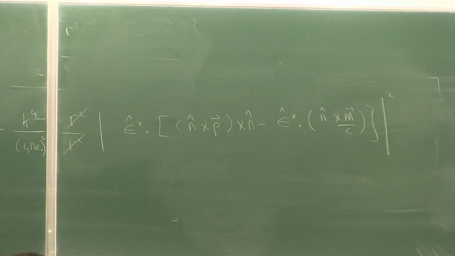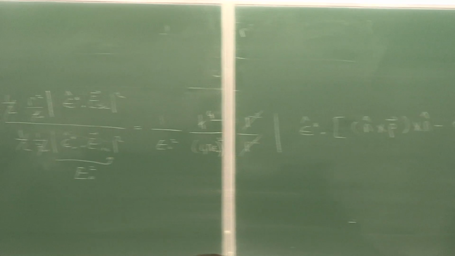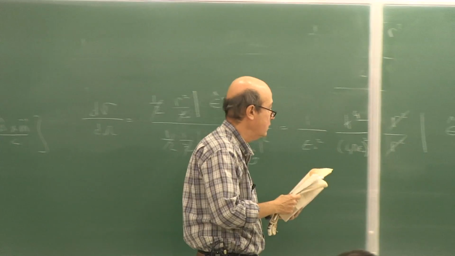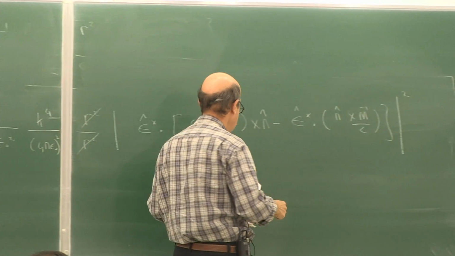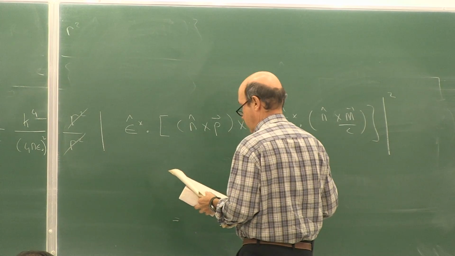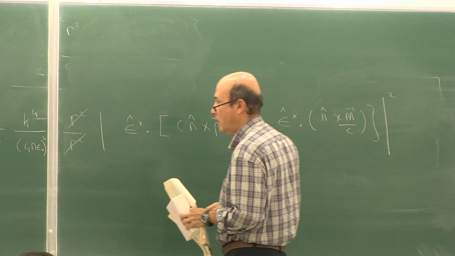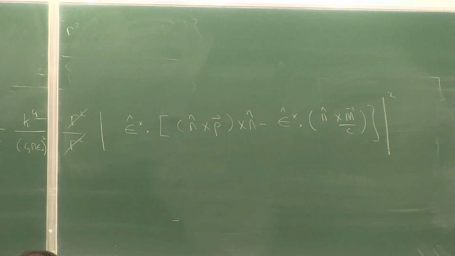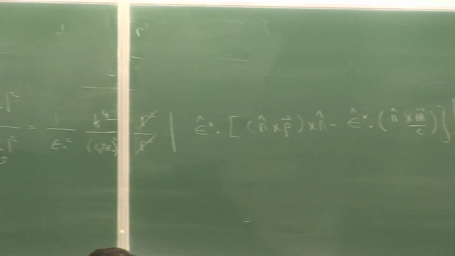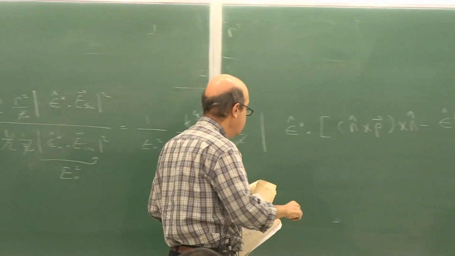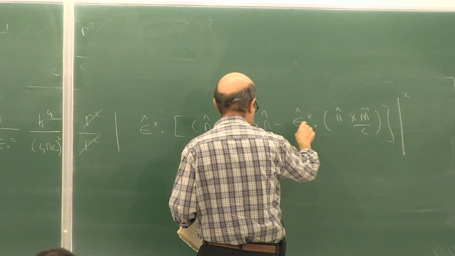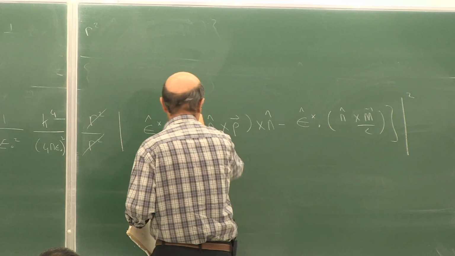And also the absolute value of the e to the ikr is 1. So maybe I make a mistake here. When you take the dot product with the epsilon complex conjugate, you have one of them for this term, and the other one for that term.